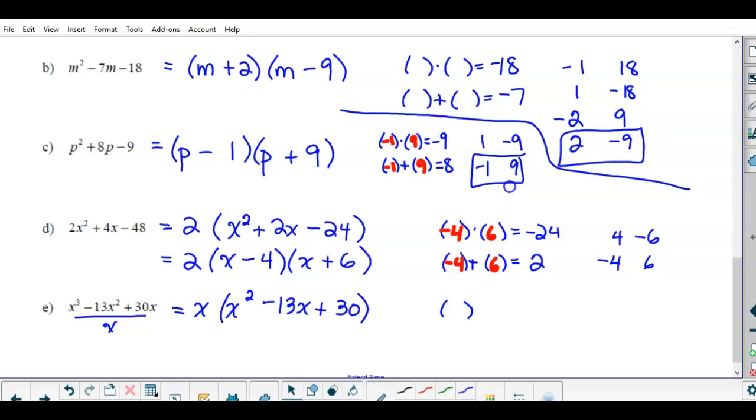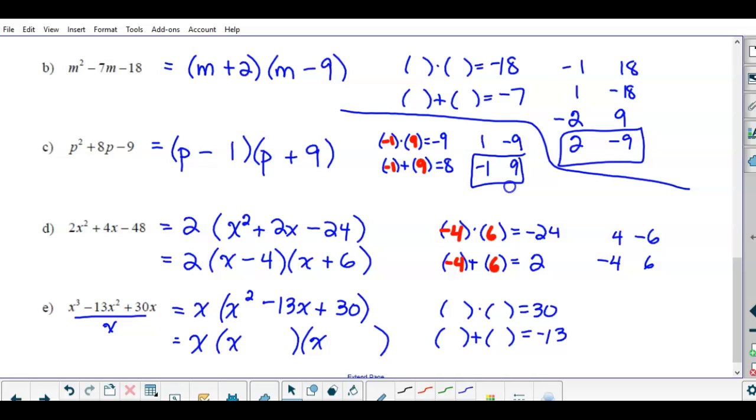We need two numbers that multiply to 30 and add to negative 13. So your final factored form. So you can almost fill in all of it, okay, except for those constant terms. So now think of factors of 30.